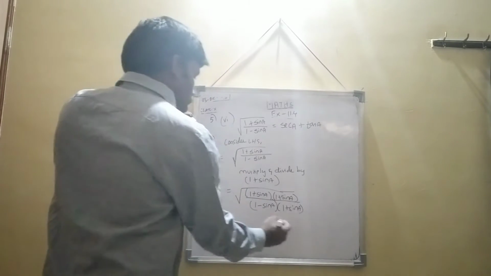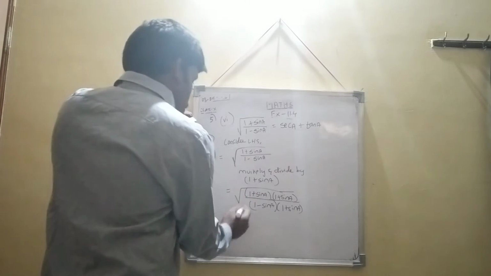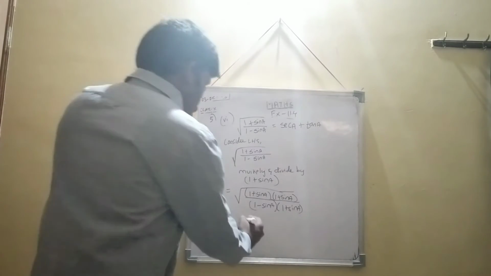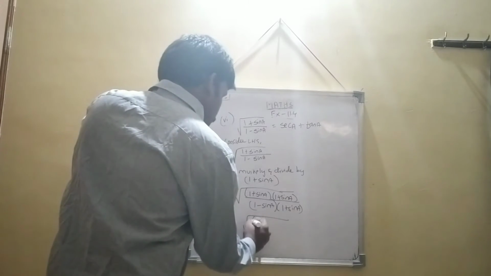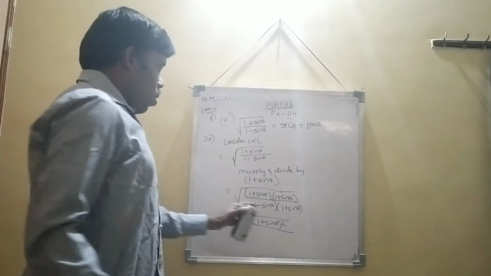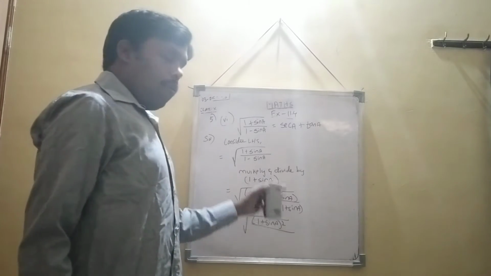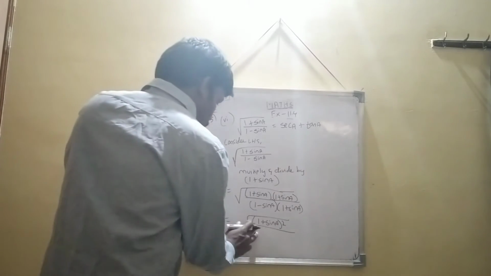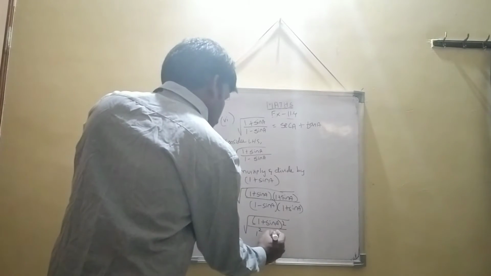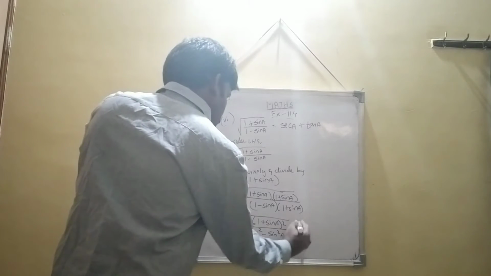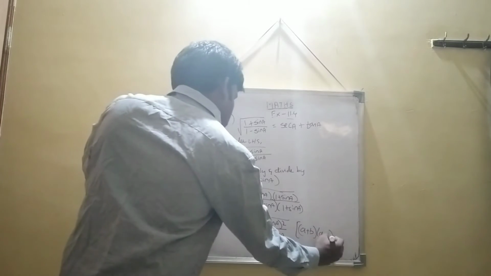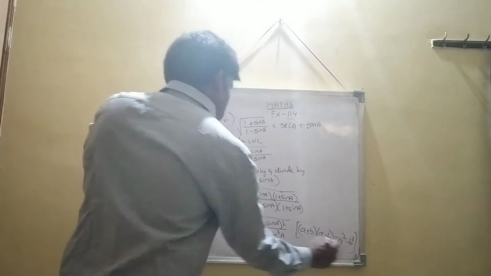In the numerator, it is 1 plus sine A into 1 plus sine A, the same two terms multiplied, so we can say it is the square root of (1 plus sine A) whole square. Now the denominator: (a plus b) into (a minus b) is a square minus b square, so this can be written as 1 square minus sine square A.